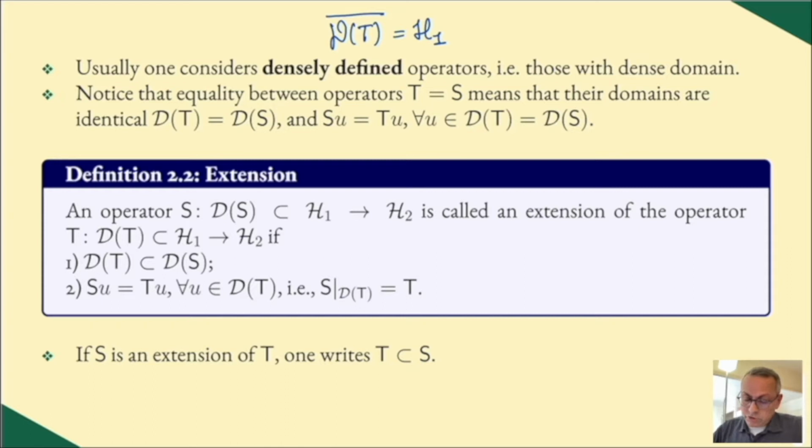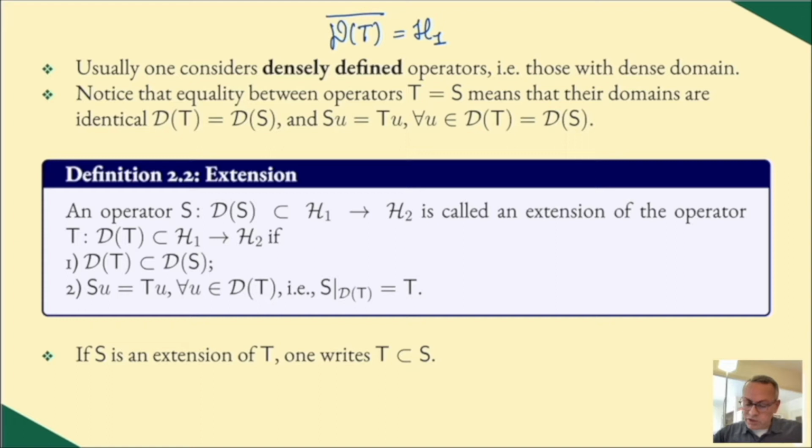Also, I want to stress the fact that equality between operators does not only mean that the action on vectors is the same, but the domain also must be equal. So this is what we mean by this equality here.